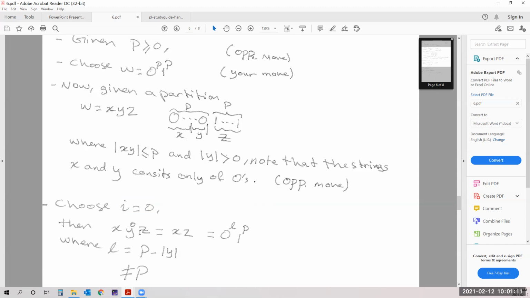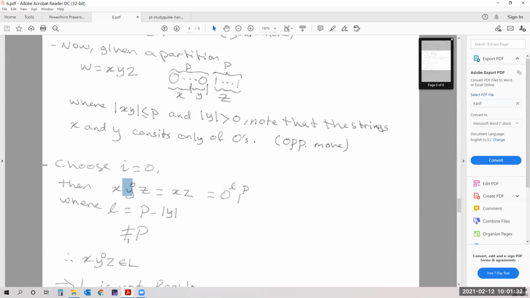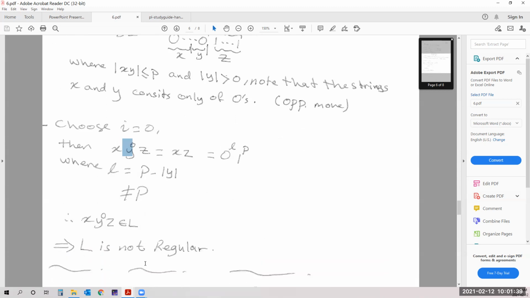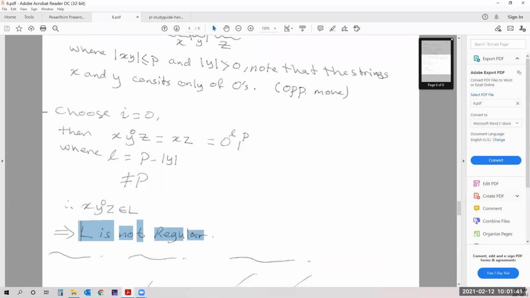Then X Y to the power 0 Z equals XZ. And here we have 0 to the power L, which is P minus the length of Y that we discard because Y is to the power 0, and this is not equal to P. So X Y to the power 0, Z does not belong to L. That's why L is not regular.